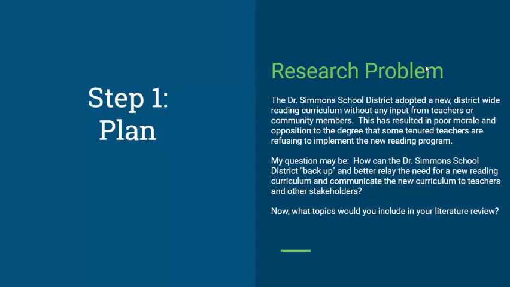We have mass chaos here. We didn't get any stakeholder input. We need to back up and kind of explain again why we are implementing this new curriculum. So what do we need to explain so that our reader understands the problem and how we might approach it in the future? Sometimes a good way to think about this is try to imagine you're explaining this situation to your mom. So your mom is a smart lady, but she's not an educator.